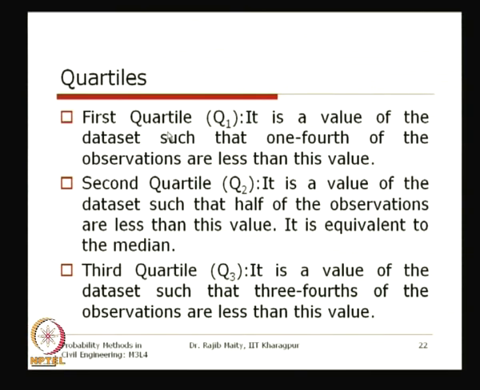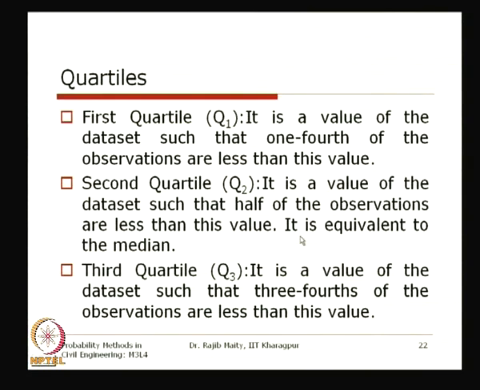Similarly, the second quartile is when we are talking about 50% of the data, that is half of the data. It is a value of the data set such that half of the observations are less than this particular value.